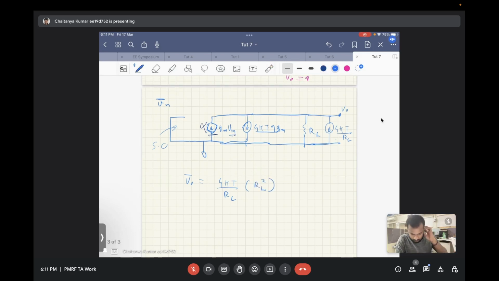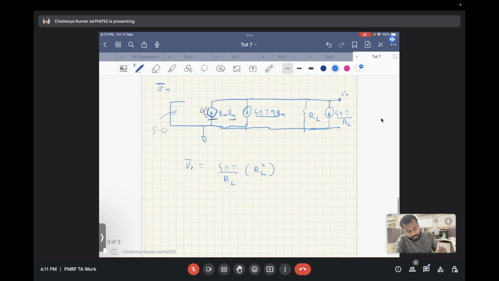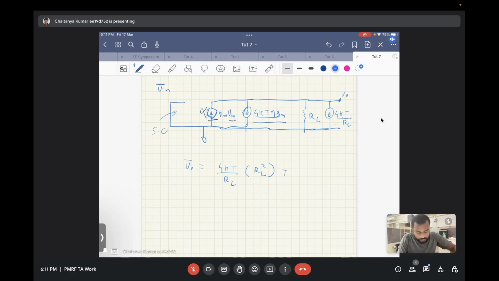So this will be the noise power spectral density at the output, and this will be a flat noise power spectral density. And the same way, this 4kTηGm will also go into the resistor RL. So it will be 4kTηGm times RL squared.